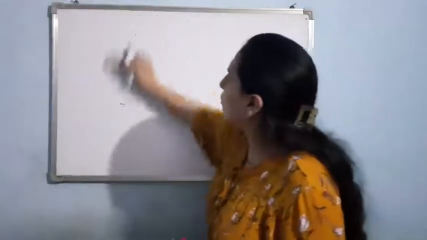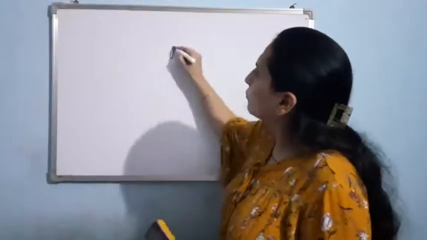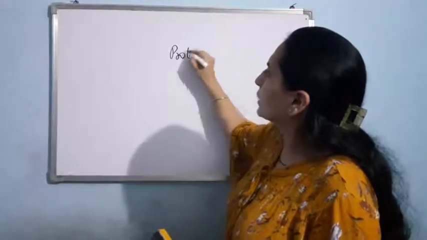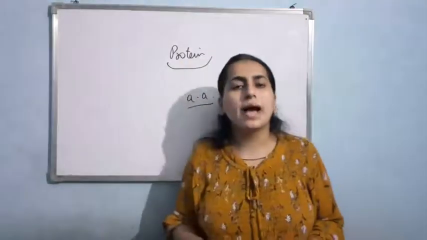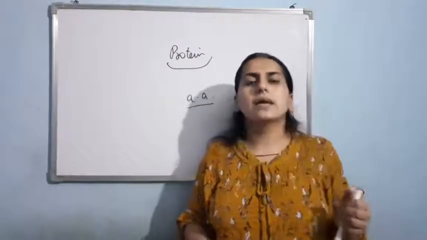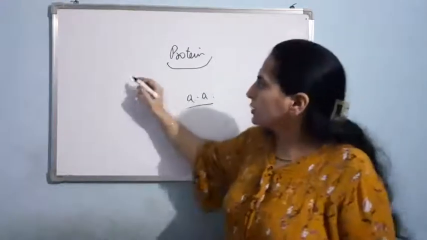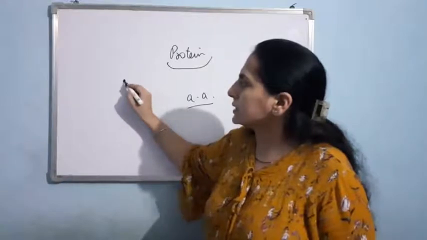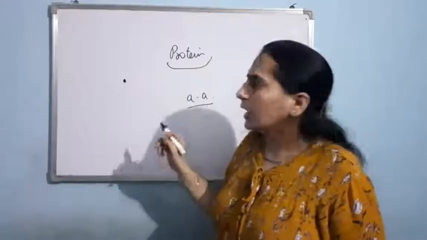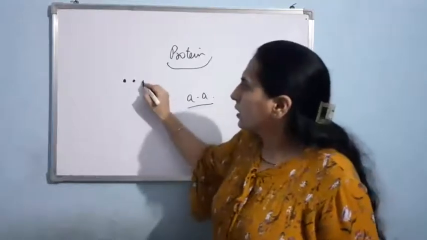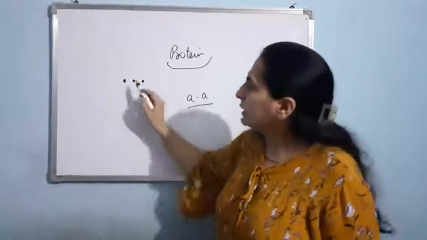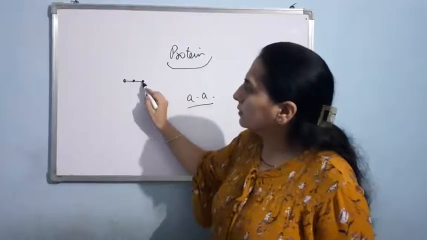Actually, let me tell you one more thing. If we want to study the structure of protein, then firstly we have to study the structure of amino acid. As proteins, they are made up of amino acid. Suppose here I am having one amino acid. Here I am having second amino acid. Third amino acid. When these amino acids are linked, how are they linked?